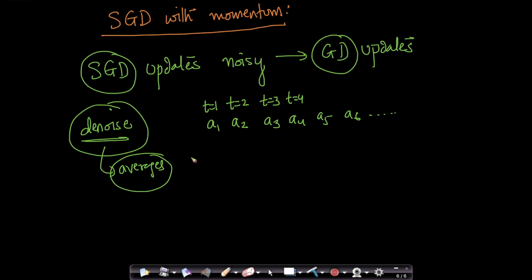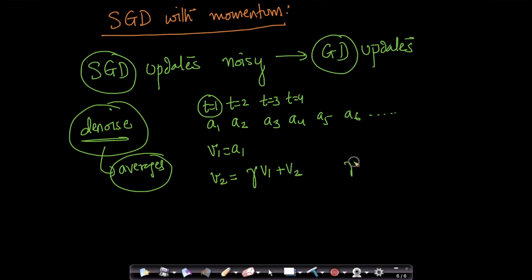I'll simply say at V1 I don't have much data. Right? At time equals to 1, I have only 1 point. So I'll call my V1 equals to A1. But for V2, I already have my V1, right? So can I say that I'll take some gamma times V1 plus A2?